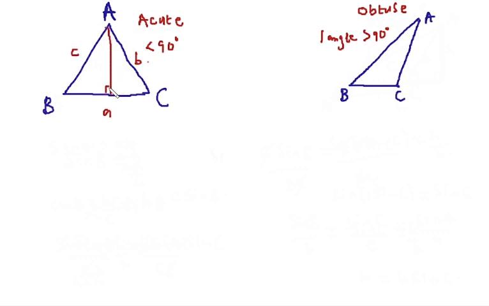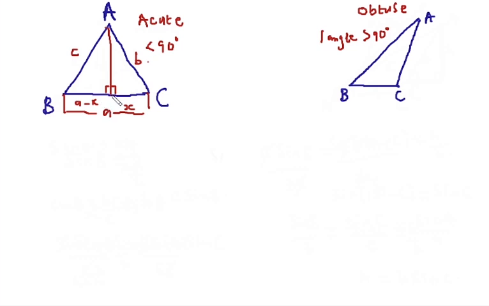So this is a right angle triangle, this is a right angle triangle. Let's say this is split into X. That means here will be A minus X, because everything from here to here is A. So from here to here is X, here to here is A minus X.